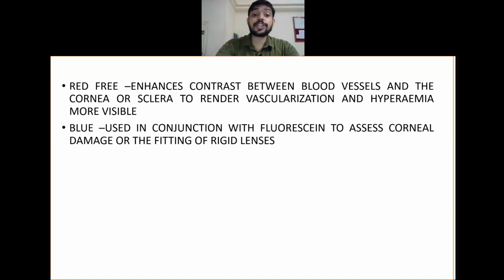It will be absorbing the shorter wavelength and emitting the longer wavelength, which will be green in color. So we'll be using the cobalt blue filter to enhance the fluorescein appearance, which will help us to determine the fit of a rigid lens as well as to observe the tear film and the surface of the cornea or the ocular surface.